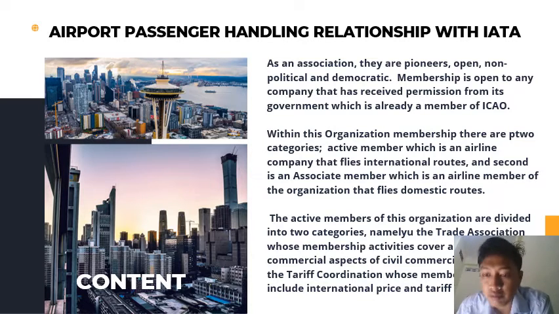And the active members of this organization are divided into two categories: the trade associations, whose membership activities cover all non-commercial aspects of civil commercial aviation, and the tariff coordinations, whose membership activities include international price and tariff organization.